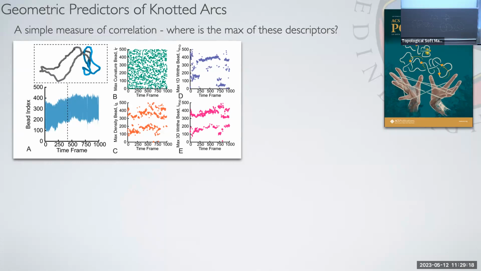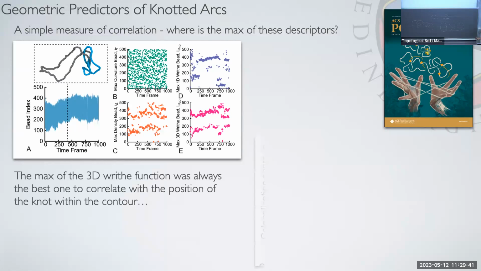This dashed line represents one snapshot, and we have many snapshots in time. For each time of the simulation, you can compute where the maximum is of the local curvature, maximum density, maximum 1D writhe, and maximum 3D writhe. You can see it gets better and better at recognizing the boundaries of this shaded region.